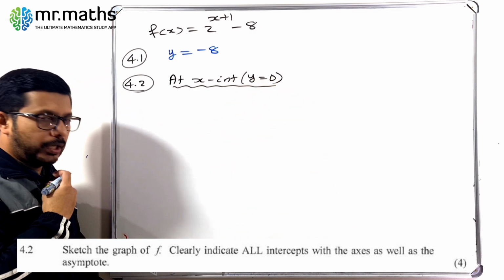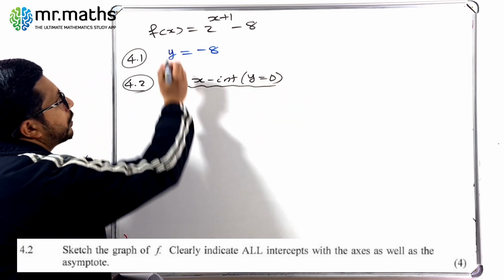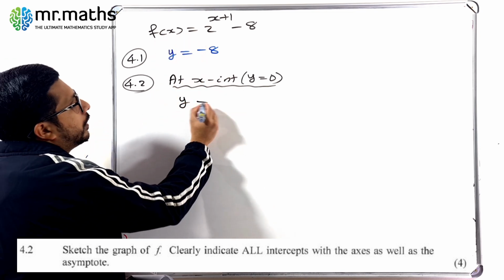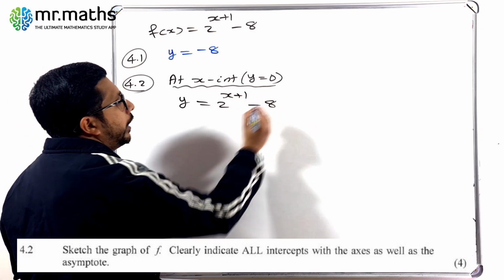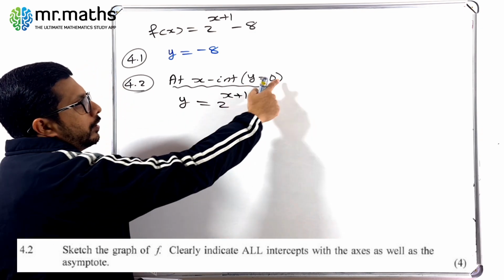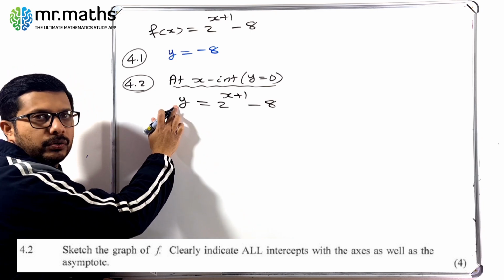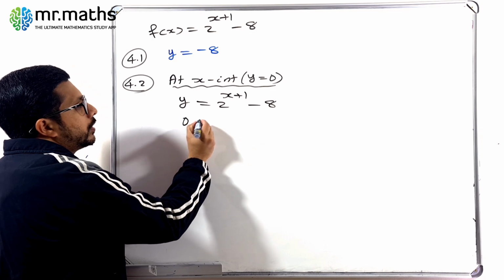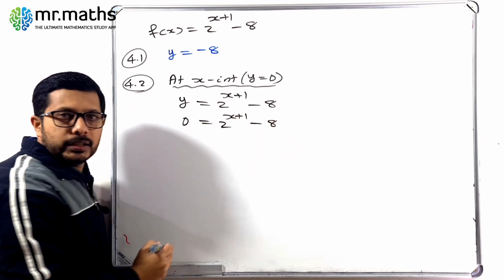Here f of x is the same as y, so y is equal to 2 raised to x plus 1 minus 8. Y is 0, so we can substitute the value of y as 0. That means 0 is equal to 2 raised to x plus 1 minus 8.